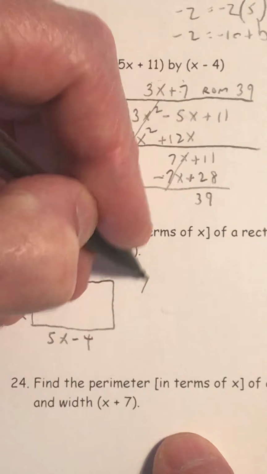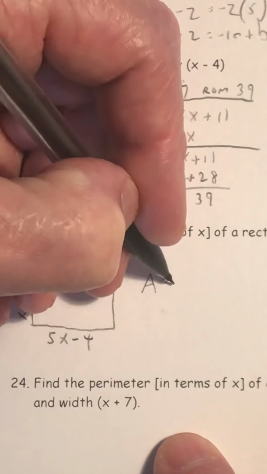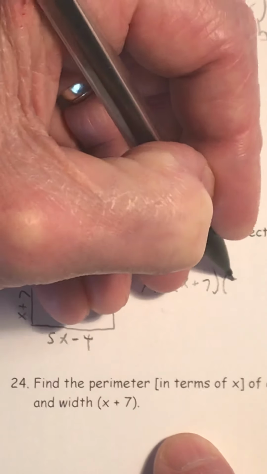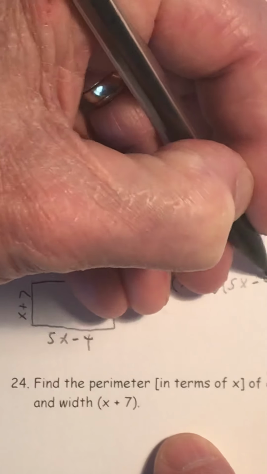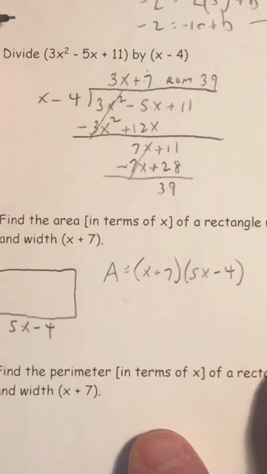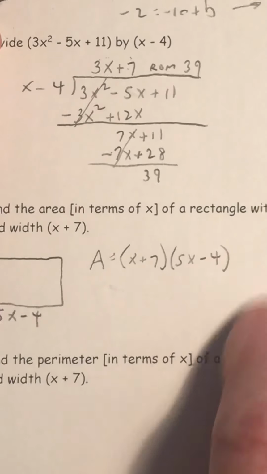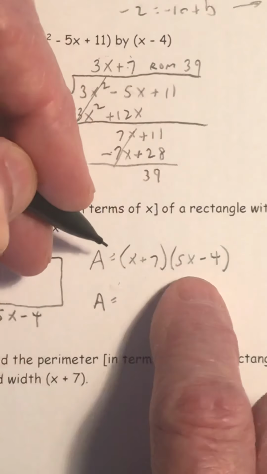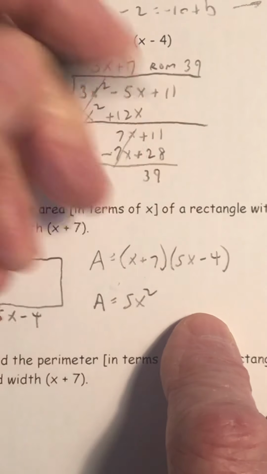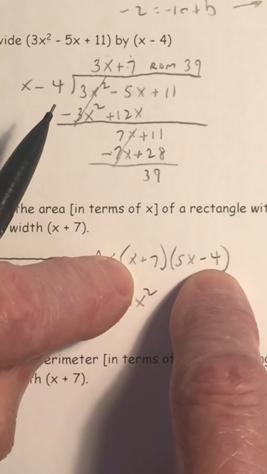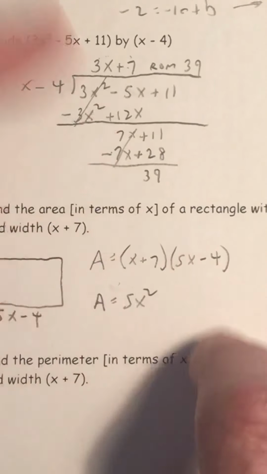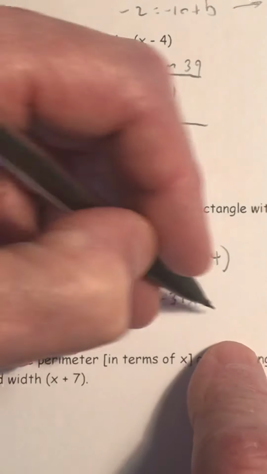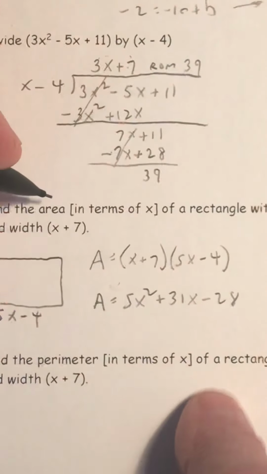Now here we can just say, well, you don't have to multiply numbers. You don't have numbers, but you do have algebraic expressions. So there's the area. And if you want to multiply this out and be really super efficient, you get 5x squared, and then you get minus 4x plus 35x, giving you a total of 31x in the middle, and minus 28 at the end.